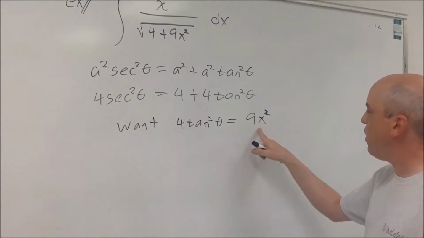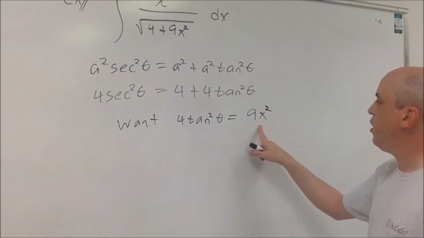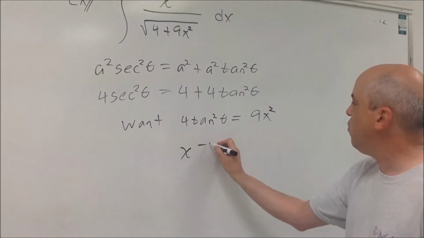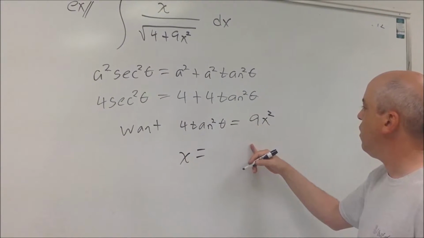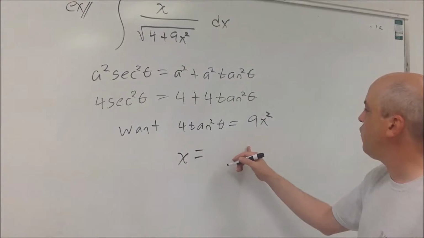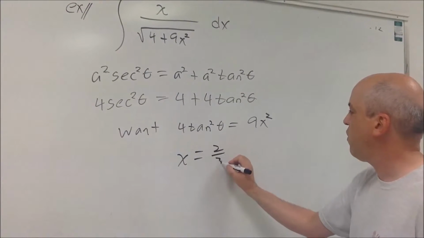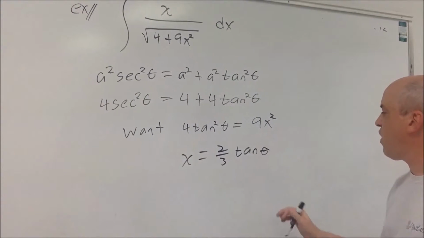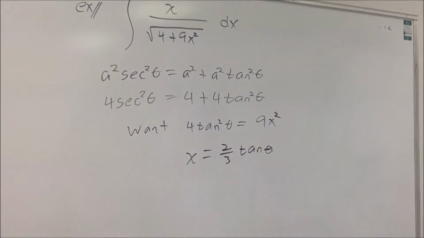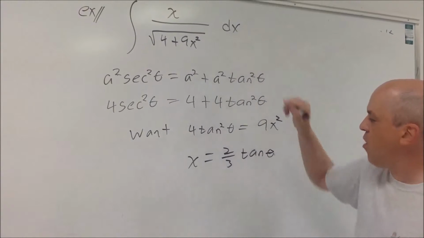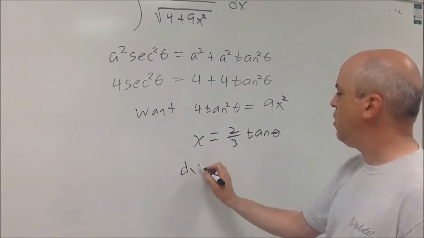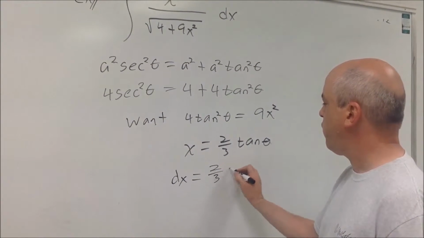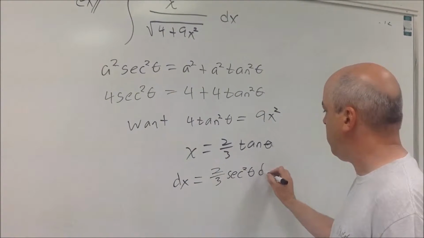Well, we'll just solve this for x, and that will tell us what substitution to make. I'd like x to equal the square root of 4/9 times tangent, so that's 2/3 tangent theta. And once we've decided what to call x, we'll take the derivative to get our expression for dx: 2/3 secant squared theta d theta.